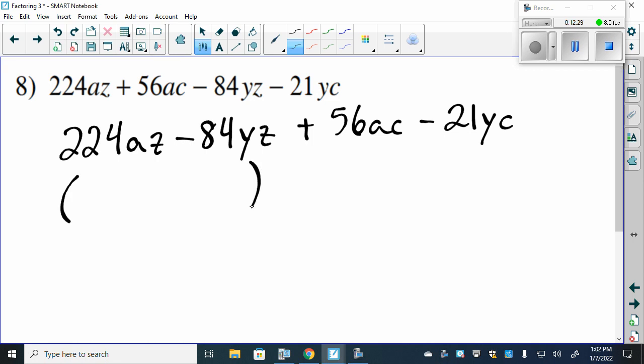So, looking at these first two terms, what is the greatest common factor between 224az and 84yz? What do we know for sure that's in common in both? Z. Two would work, but I think there might be a bigger number than 2. 40 would not work, but I think 4 would work.